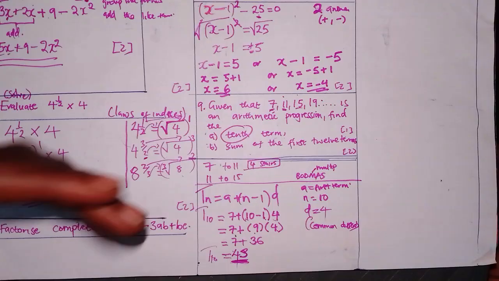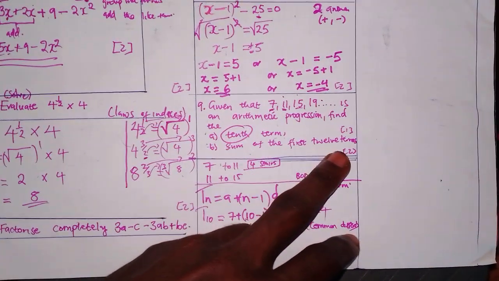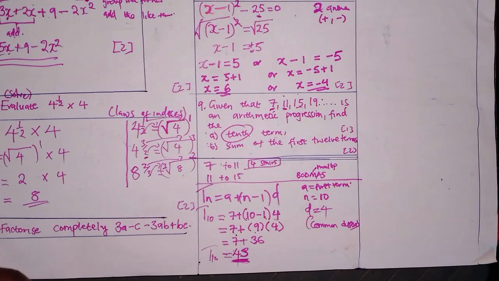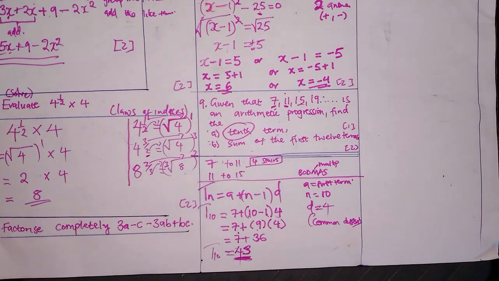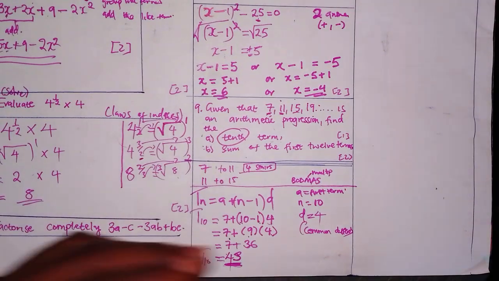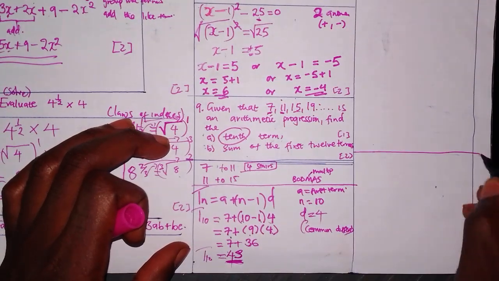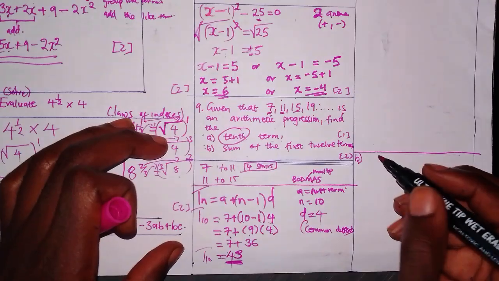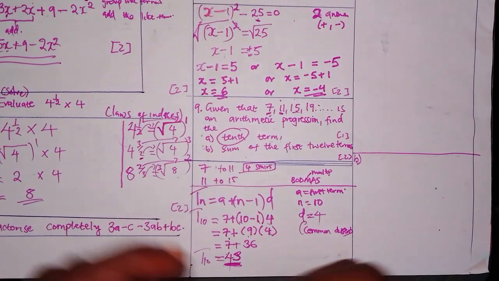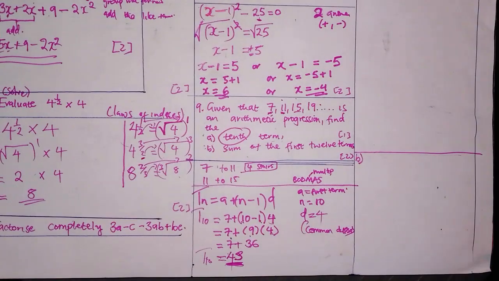Yeah. So moving on to our second question, which is the sum of the first 12 terms. How can you calculate the sum of the first 12 terms? So that will be our part B. So remember, again, here we have a formula for you to remember.